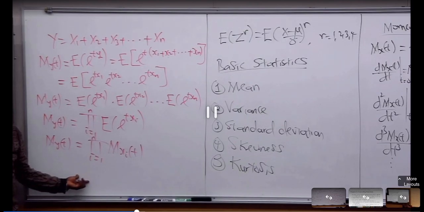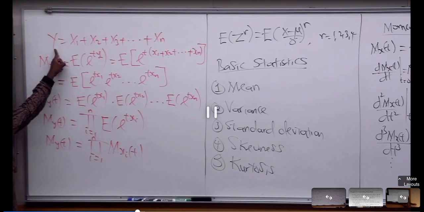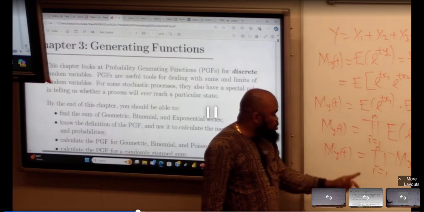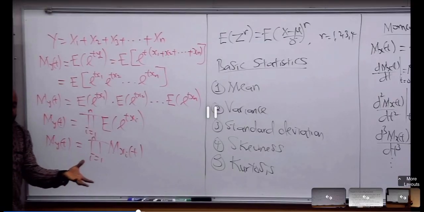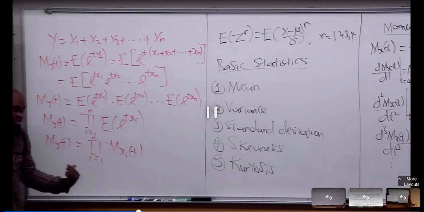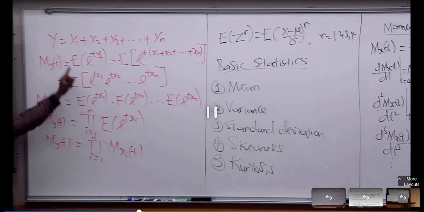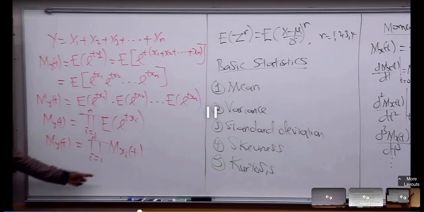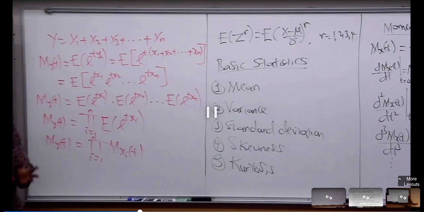So what is the conclusion here? The conclusion now is the moment generating function of the sum of random variables is going to be the product of the respective moment generating functions. So this is a theorem in statistics. The moment generating function of the sum of random variables is actually going to be the product of the respective moment generating functions.